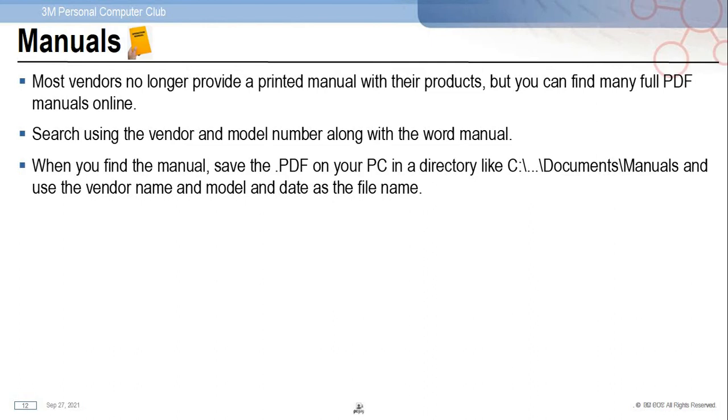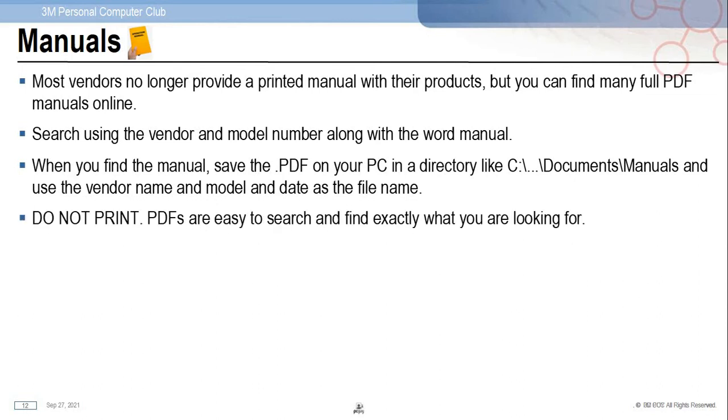I have a directory on my PCs under Documents / Manuals, and I put all the manuals for all the devices that I get. I'll download and I'll have it there. And I'll put it along with the vendor name and the model and the date. So I have the manuals available there.